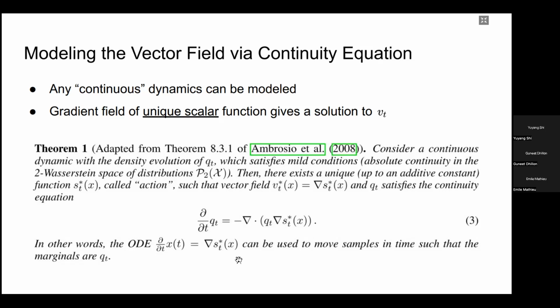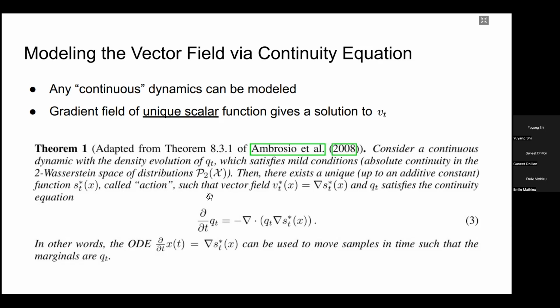And so just to go back to stating this theorem, considering a continuous dynamic of this distribution QT, then there exists a unique, up to additive constant, function, and they name it action S, which is not to be confused with the score because this is a scalar function.